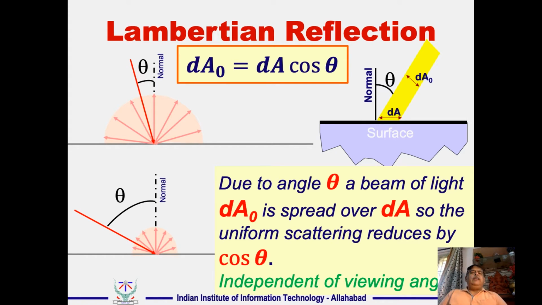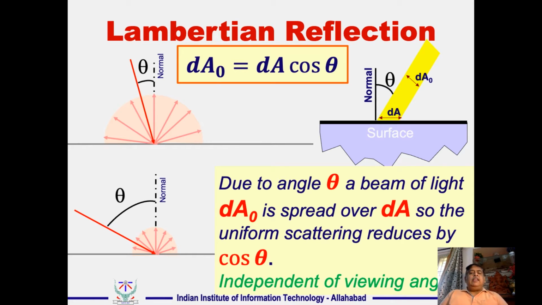If the angle theta is small, the reflected uniform scattered radiation is more, since cos theta will be close to 1, and when theta is close to 90 degrees, the scattering is minimum, since cos theta at 90 is equal to 0. Please note that the scattered radiation is independent of the viewing angle.